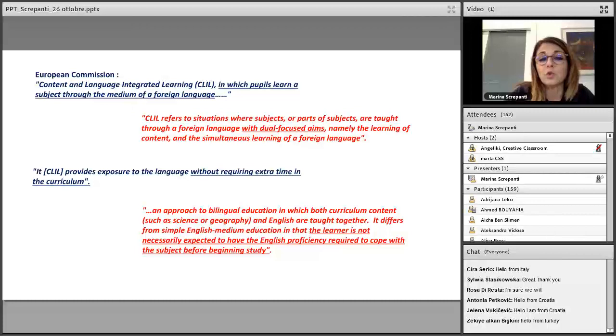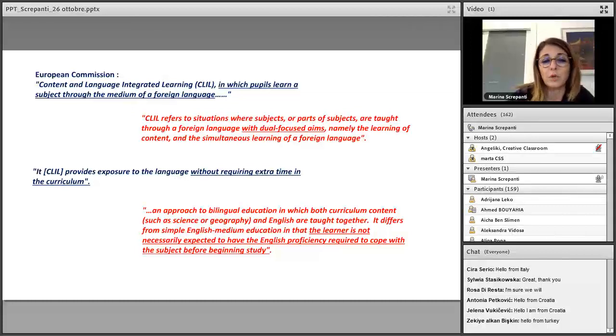CLIL refers to situations where subjects or parts of subjects are taught through a foreign language with dual focused aims. And these bring students to learn both content and language.